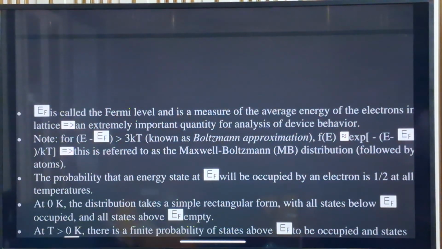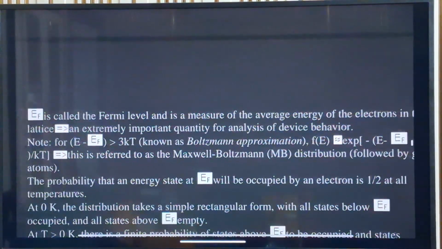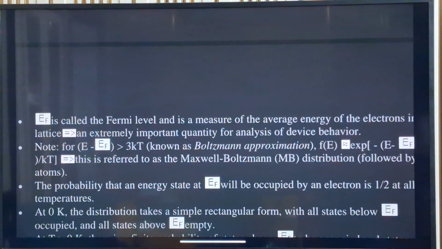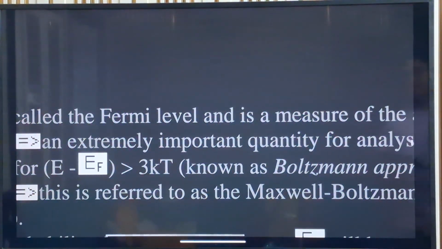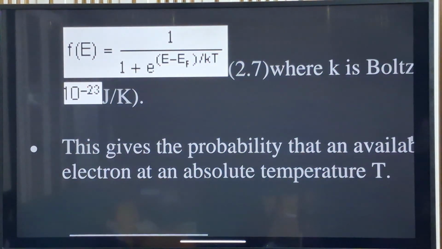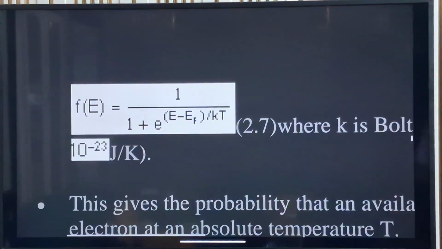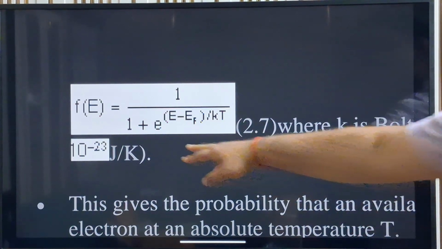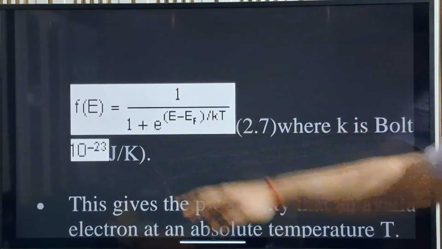So just take a look at what is actually happening here. For gas atoms, the Maxwell-Boltzmann distribution basically tells us that if E minus Ef is greater than 3kT, so 3 into k into T, we know k and T are both constants, then we can simply ignore the 1 which is given in the formula.